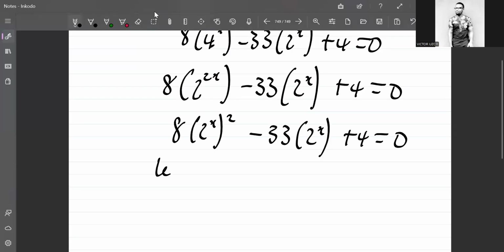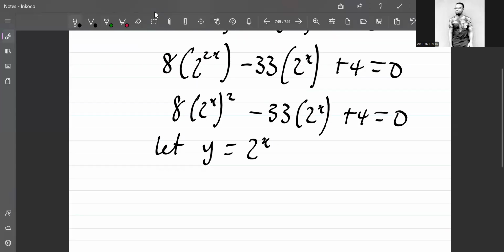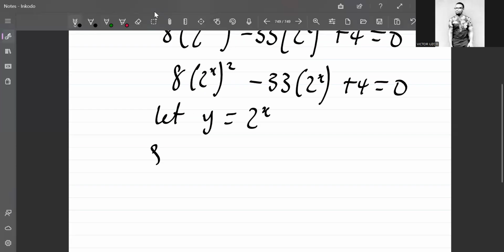So you can now say let y be equal to 2 raised to power x. And if that's so, then you have 8y squared minus 33y plus 4 equals 0.